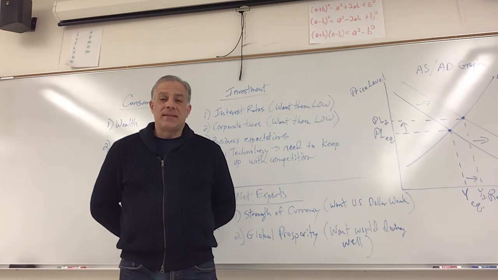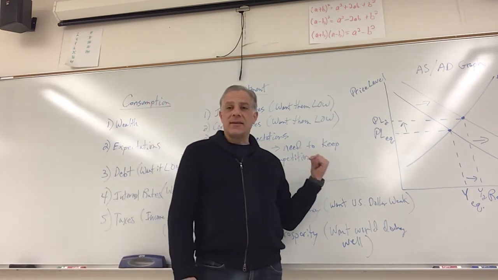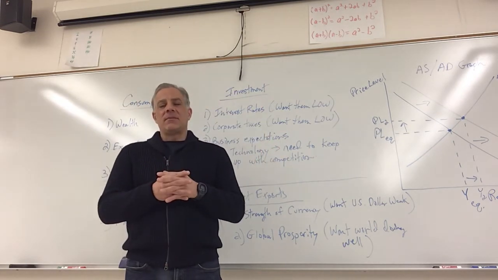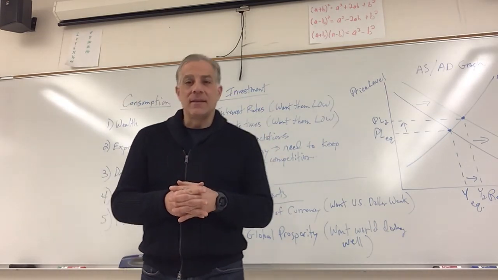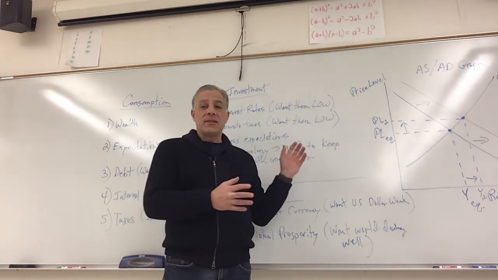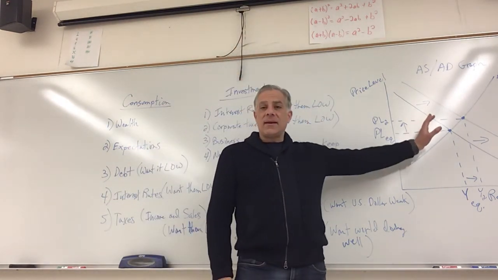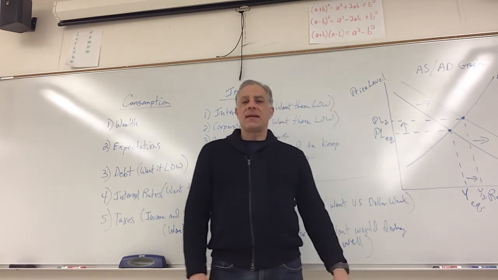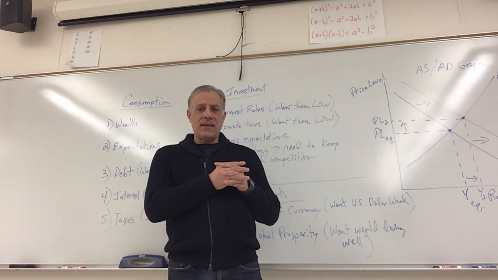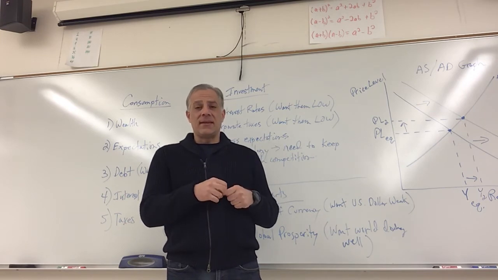Contractionary fiscal policy will lead to a decrease in aggregate demand. All right, so those are consumption, investment, government spending, net exports in a little less than 8 minutes. Make sure that you know that that's what aggregate demand consists of. Okay, if these increase, aggregate demand shifts to the right. If they decrease, aggregate demand shifts to the left.